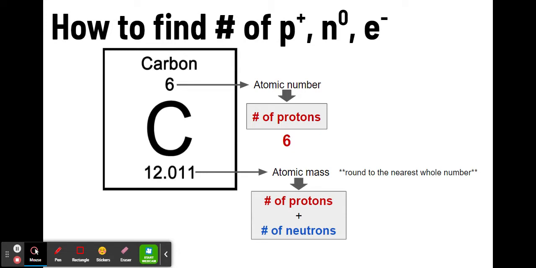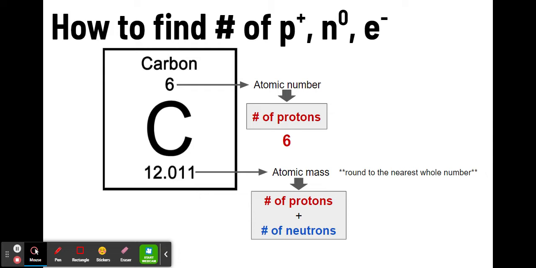Okay, here's why the atomic mass is important. The atomic mass is going to tell you the number of protons and the number of neutrons that you have in that element. Okay, so we already know the number of protons that we have. We have 6. We figured that out from the atomic number. But what you need to know is that the number of protons plus the number of neutrons equals the atomic mass.